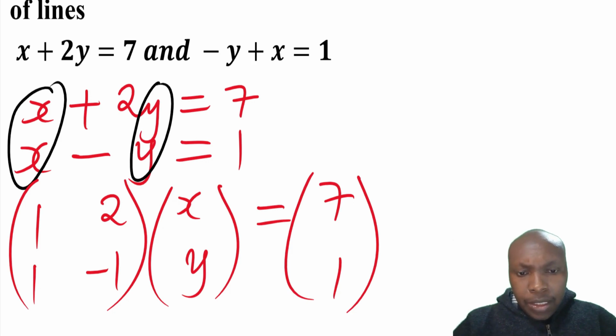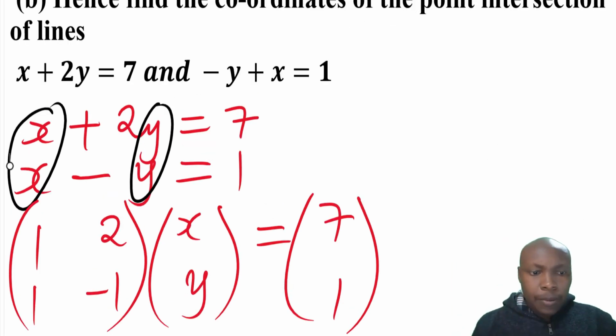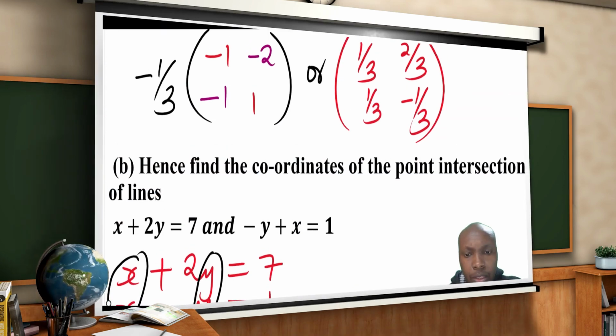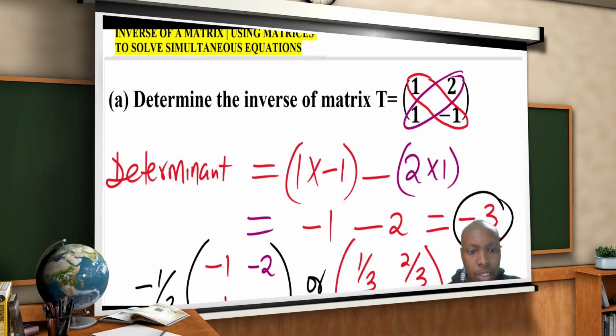Now that we've written the two equations in matrix form, we can use matrices to solve them. This is the same matrix whose inverse we obtained in part A of the question.